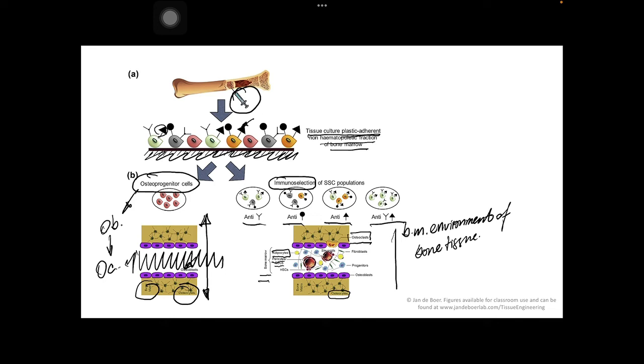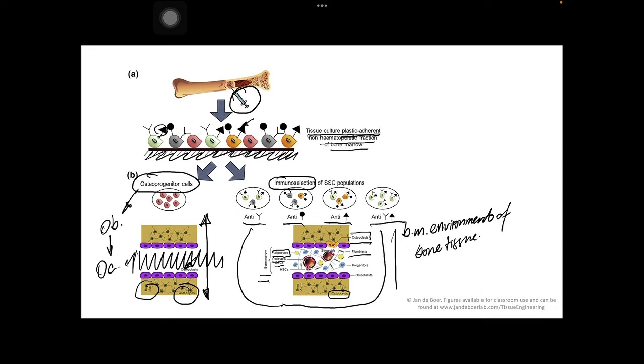There are going to be some fibroblasts, and also osteoclasts. So there's going to be a nice creation of a more bone-like environment if you're able to separate the osteoprogenitor cells that can make bone with the other subpopulations that can make bone plus the bone marrow environment.